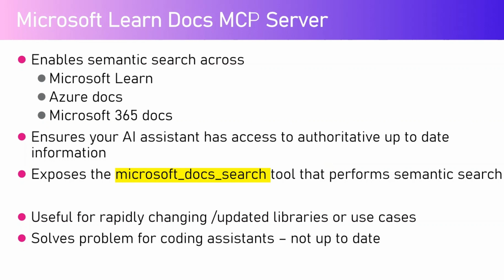Now we need not wait for that index to happen. This is all surfaced through the Microsoft Docs MCP server link. So the moment you type in a prompt, it will connect to the MCP server, and then it will present you the desired response. So basically, it is useful for rapidly changing or updated libraries or use cases.